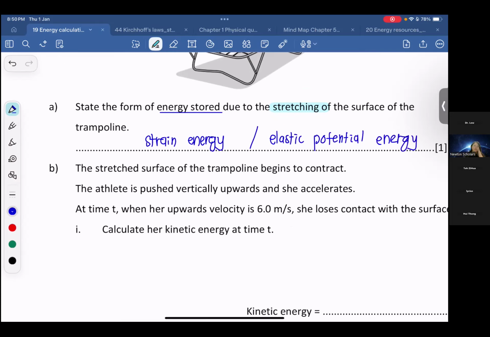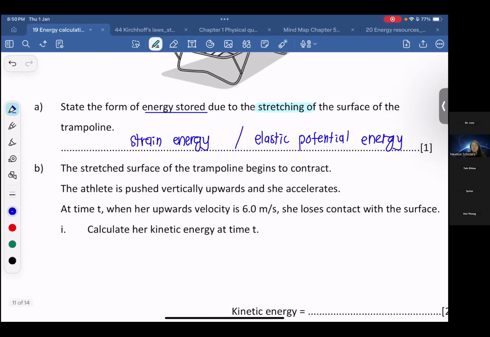This is the energy when we compress or stretch something and the material tries to go back to its original shape and size. So when they have this elastic potential energy, they will use it trying to go back. When you read a question mentioning stretching or compressing, that is the energy.